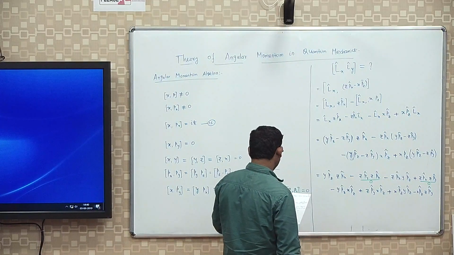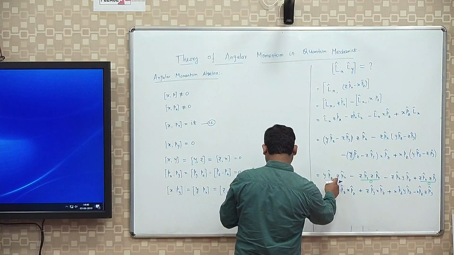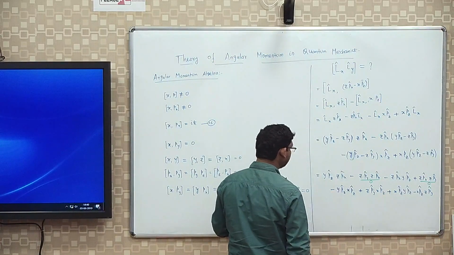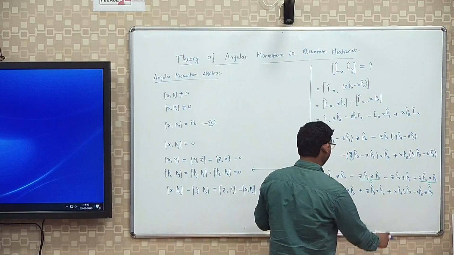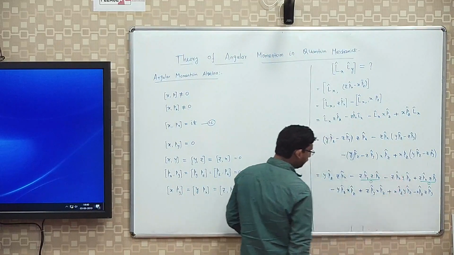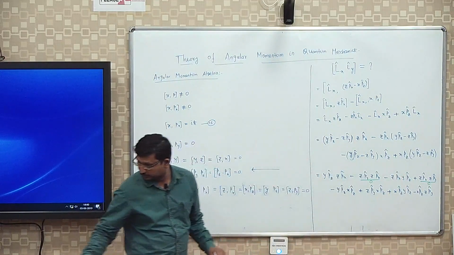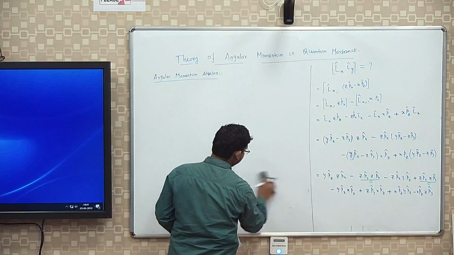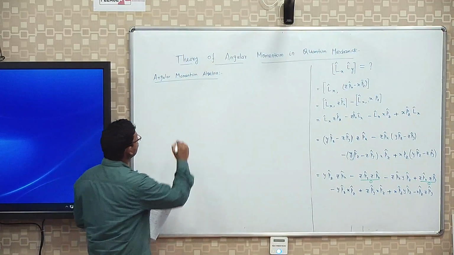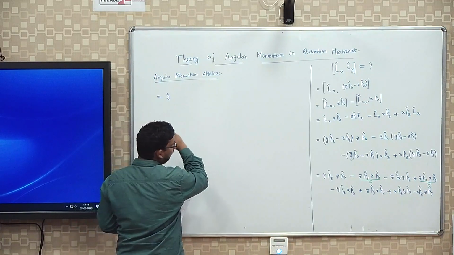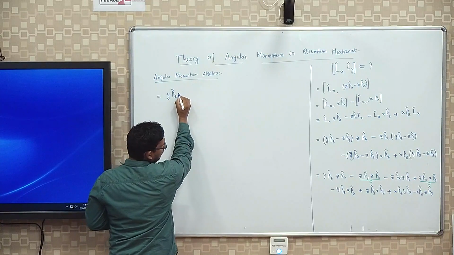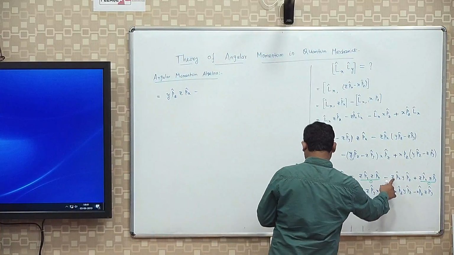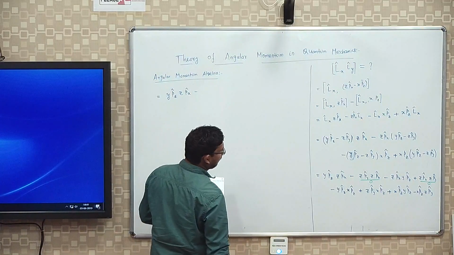So by considering first term with the third term, y pz zpx minus the third term zpx y pz.